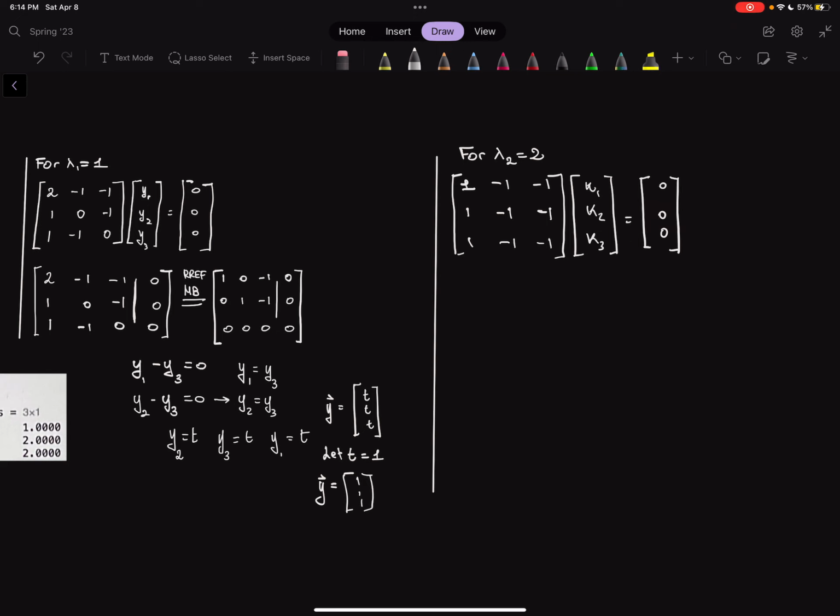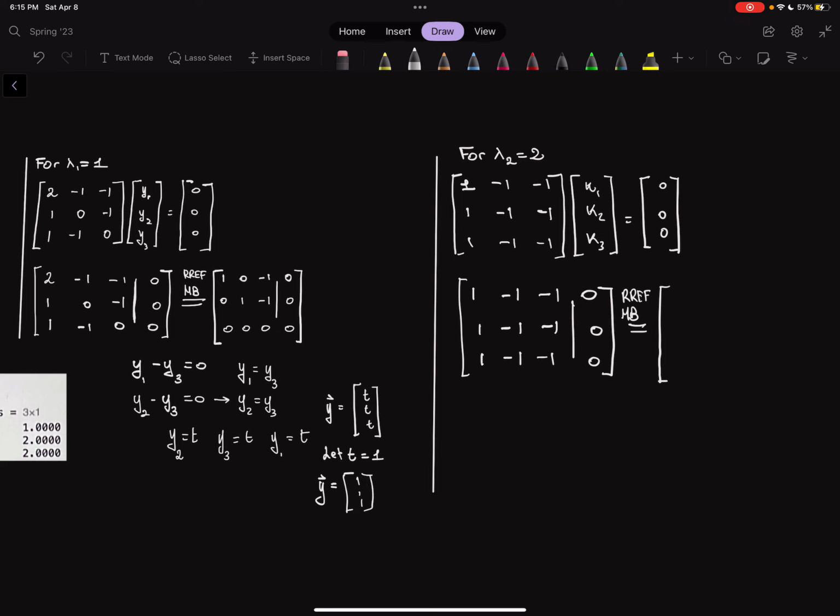Once we have that, we can solve it by putting it in MATLAB after augmenting it once again here. And if you do reduced row echelon form, which you can do by hand, but it takes a little bit of time, if you put it in MATLAB, it'll be quicker.